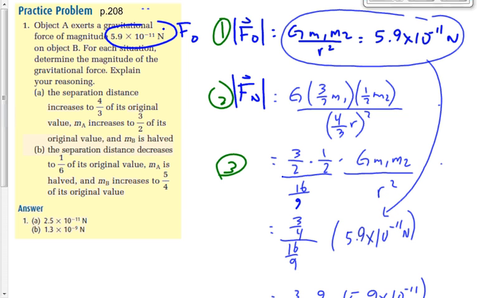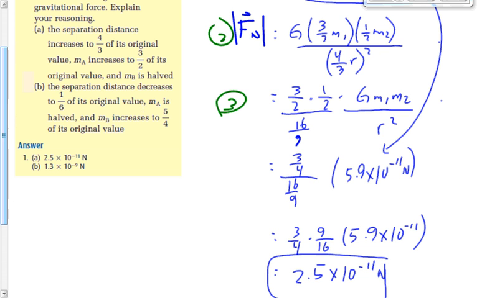Let's just change the order in which we're multiplying here, and get the numbers out in front, just because it's easier. And then step 4 is sub in my original value there, 5.9 times 10 to the minus 11 newtons. And then just plug your numbers into your calculator at that point and get your answer.